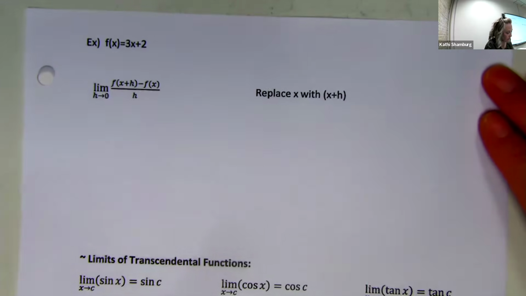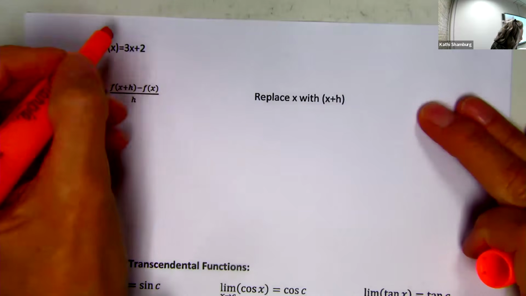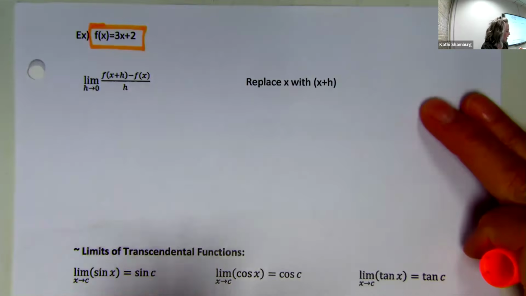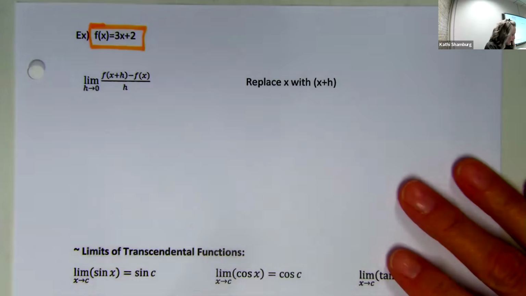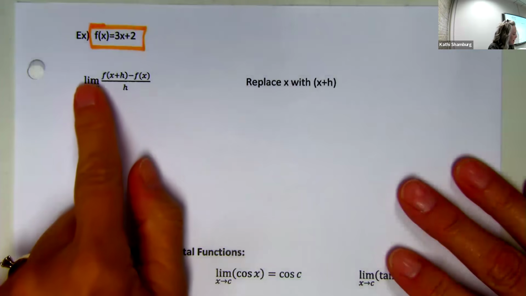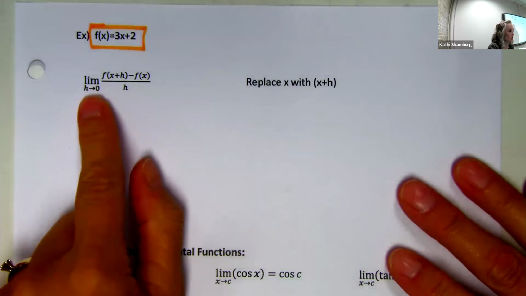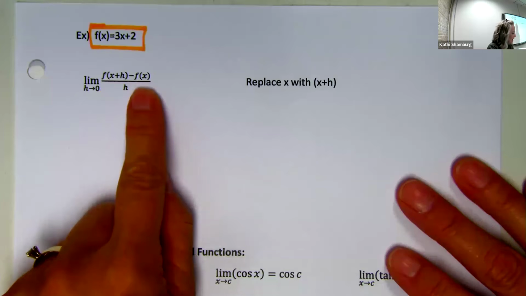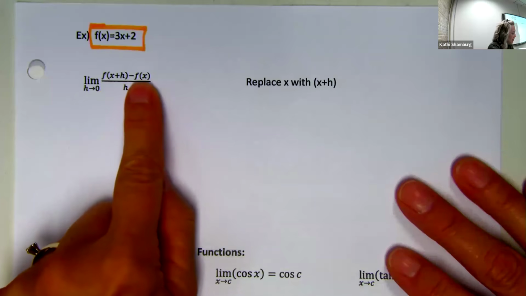All right. Look at this one. They give me f of x, that is 3x plus 2. And it is asking me to find the limit as h approaches 0 of f of x plus h minus f of x over h. Okay, well, here's f of x.